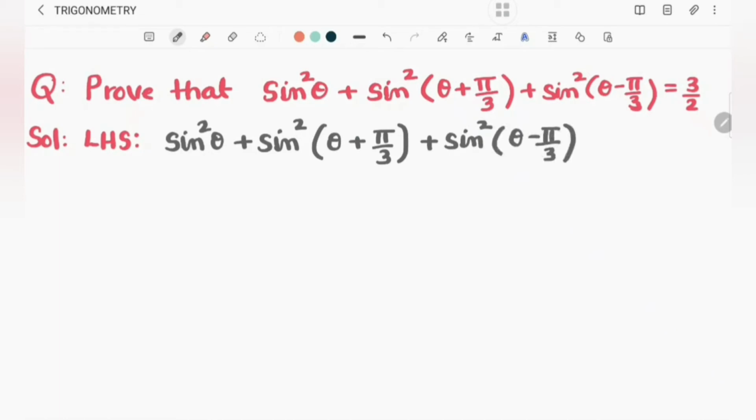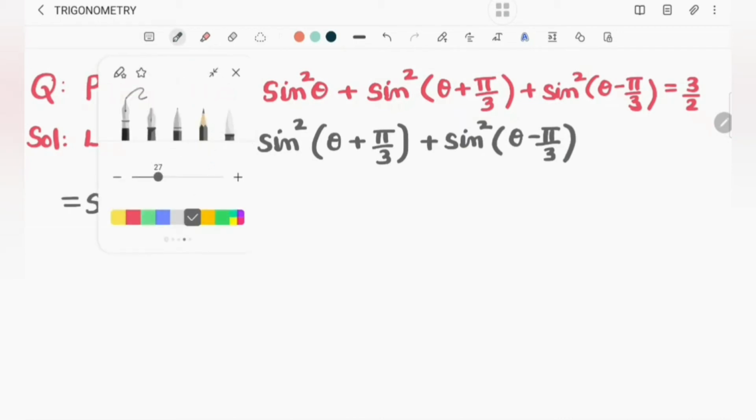Here, considering LHS, the first term sin square theta you can write as it is, plus sin square of theta plus pi by 3. You have to expand sin of a plus b and then square. So keep bracket. Sin of a plus b formula: sin a cos b plus cos a sin b.